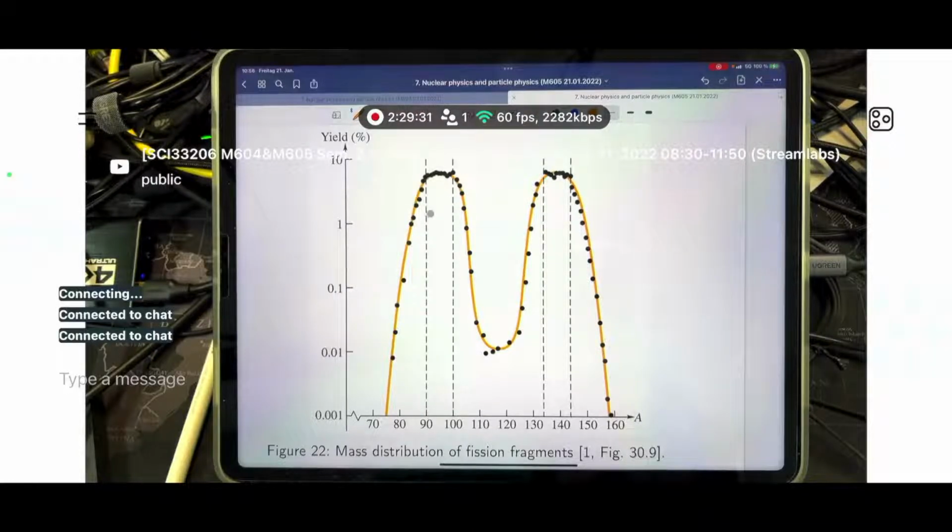Let's say this is X and this is Y. There is a high percentage of the nucleus getting a nucleon number for X like 95, and a high percentage for the second particle with a nucleon number like 138, 137, or in this region. In this region we have a higher percentage of getting X and Y as the combination.